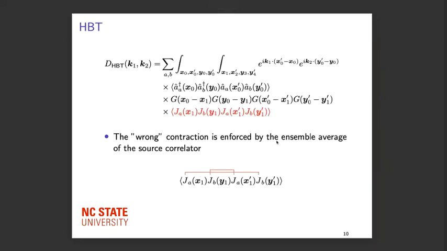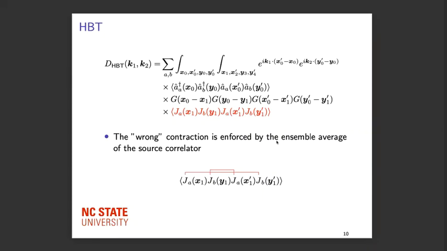Now, HBT was originally used in astrophysics to study the size of stars. But here, I only want to emphasize that the correlation arises because you have the round contraction of the color index.